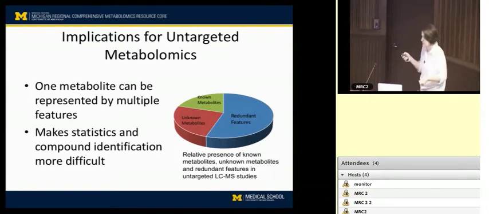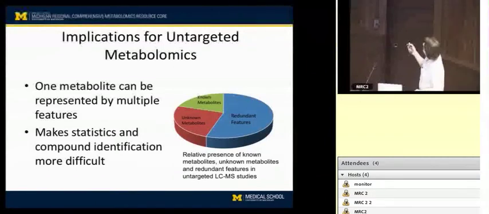Again, these are features that really represent the same metabolite. And then of what's left, maybe about 50% are known, or 40%, and another 60% are unknown. So we're going to talk about strategies for dealing with those unknowns and strategies for dealing with these redundant features.